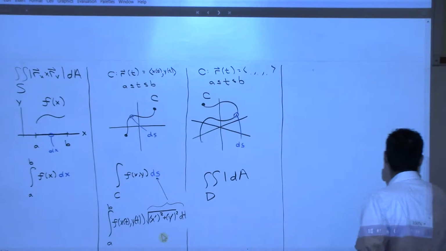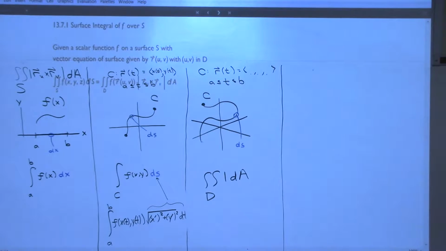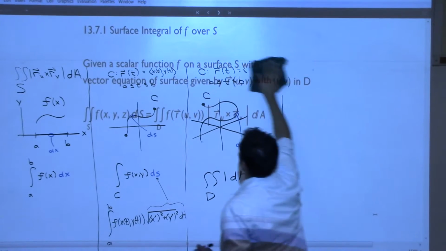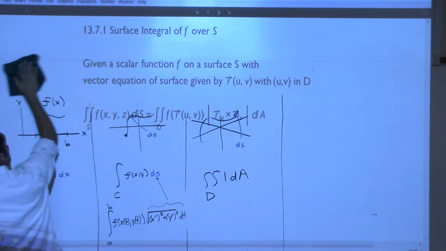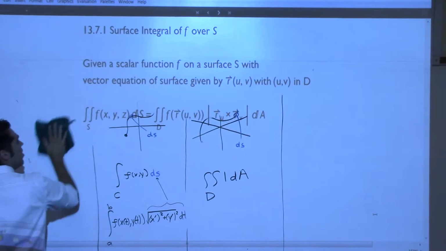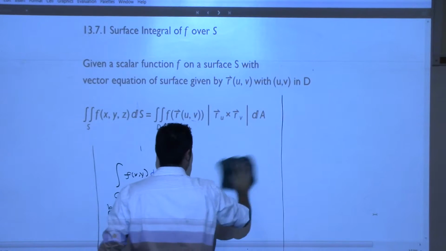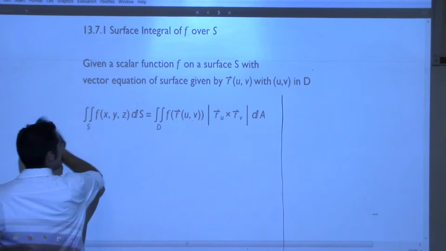I'm going to put the formula up here from the notes. Given a scalar function f on a surface S with a vector equation given by r of uv with u and v in D, then here is the formula.